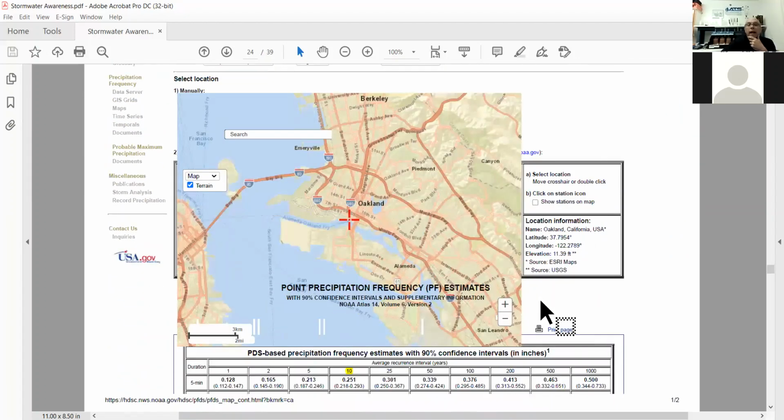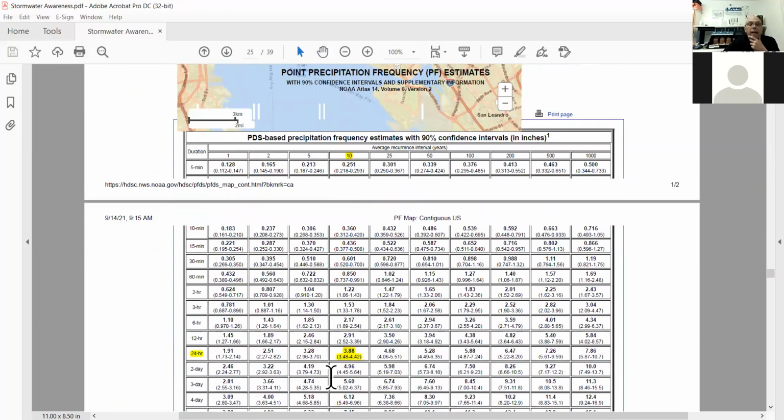And then you will get a map like this and a chart showing rainfall based on duration, 5 minutes, 10 minutes, 24 hours, and years, 1 year, 2 year, 5 year, 10 years, so on. So this information, what you have to do is look at the 10-year, 24-hour rain event. So I've highlighted 10 years there. And I come down to the 24 hours, which gives us 3.88 inches.